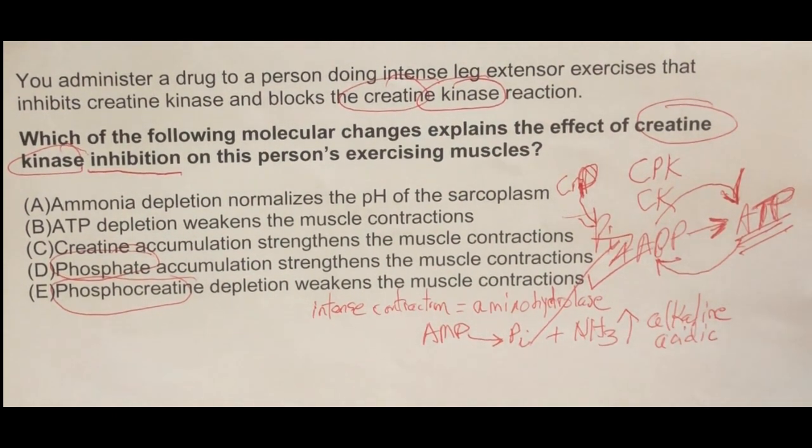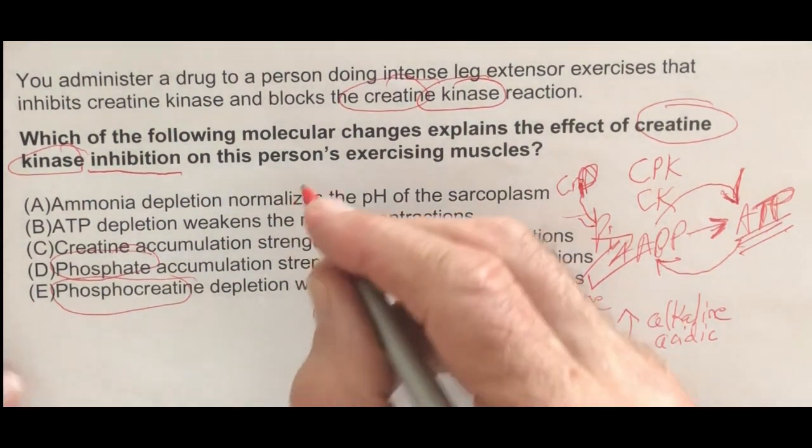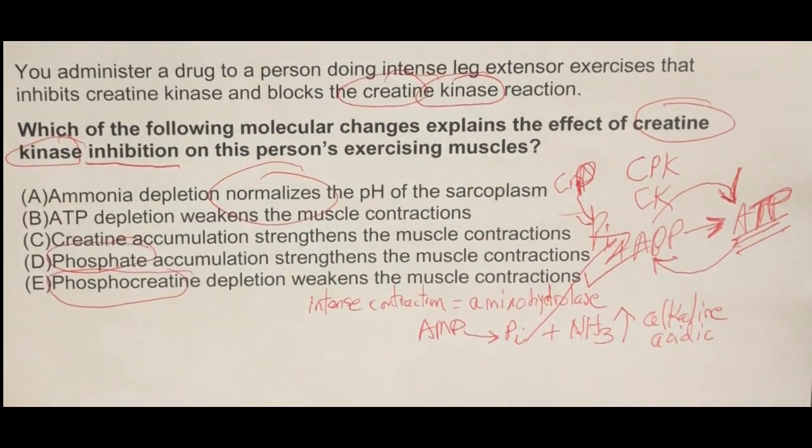Well, we know during intense contractions, the muscle creates more carbon dioxide, which makes it more acidic. So depleting the ammonia would actually make it even more acidic, and that would not be normalizing the pH.